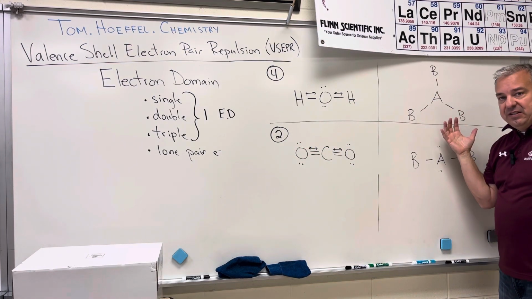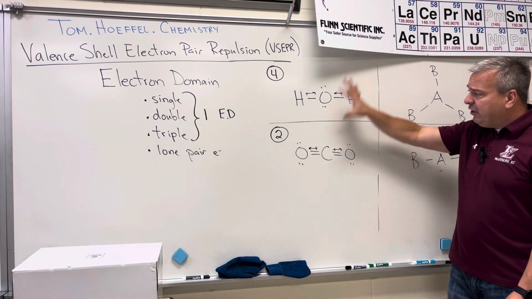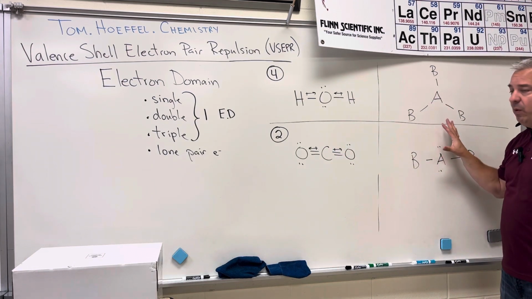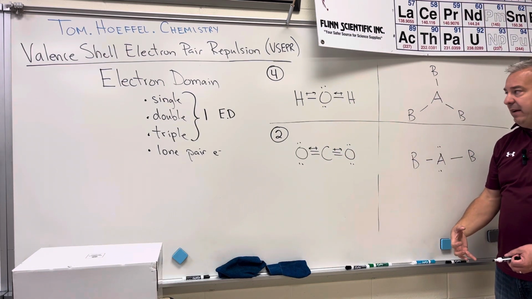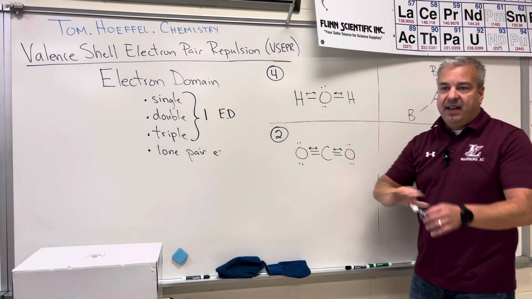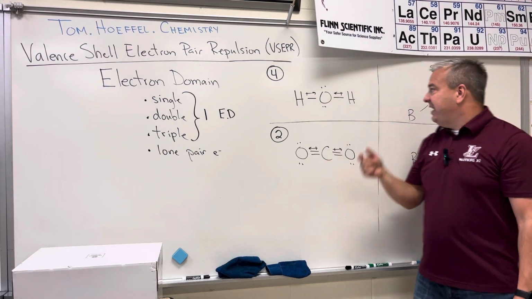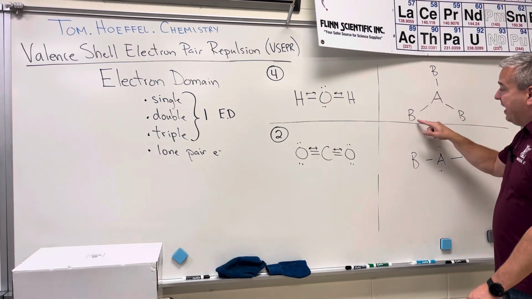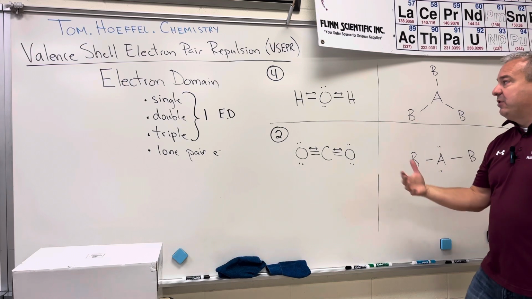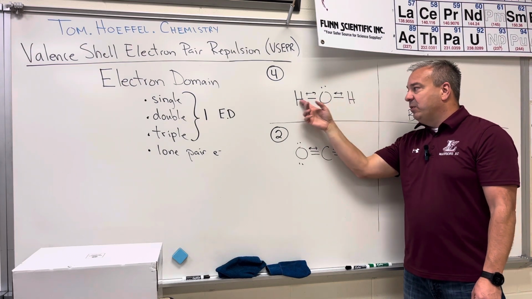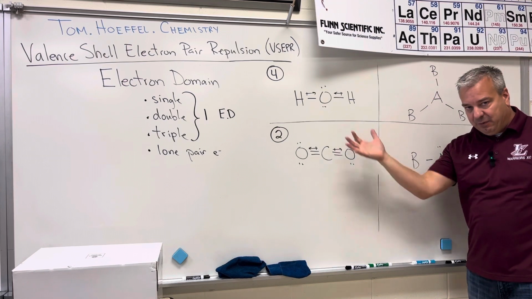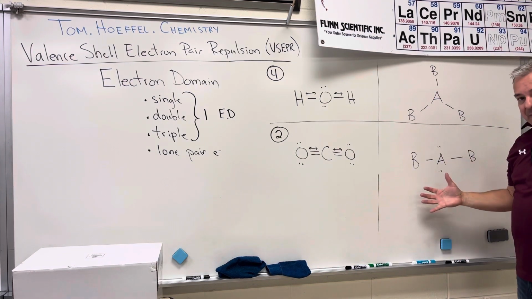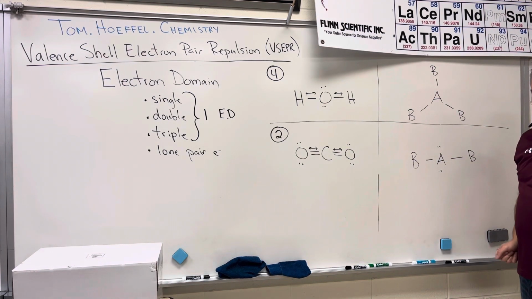Then we move over to these 2 structures. These are actual molecules. Over here, what we have is something called AB format, where the A could represent any element as long as the A is the central atom, and the B is what we'd call non-central atoms, like the hydrogens would be the B's over here. Even in AB format, we should be able to count the number of electron domains.